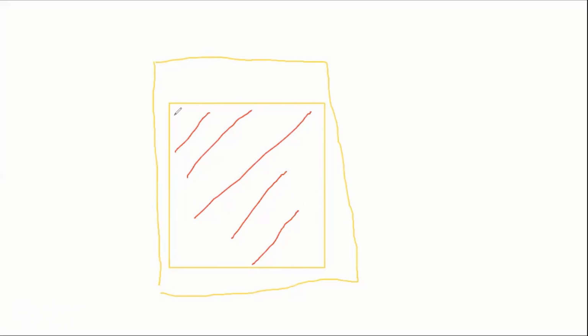What we have to see is that there is some distance from here, some distance from here, also from here, and also from here. To maintain this, we have to see what this particular distance is.